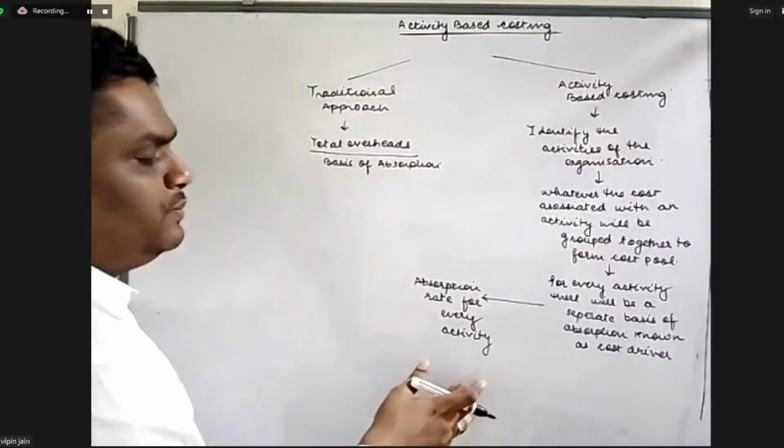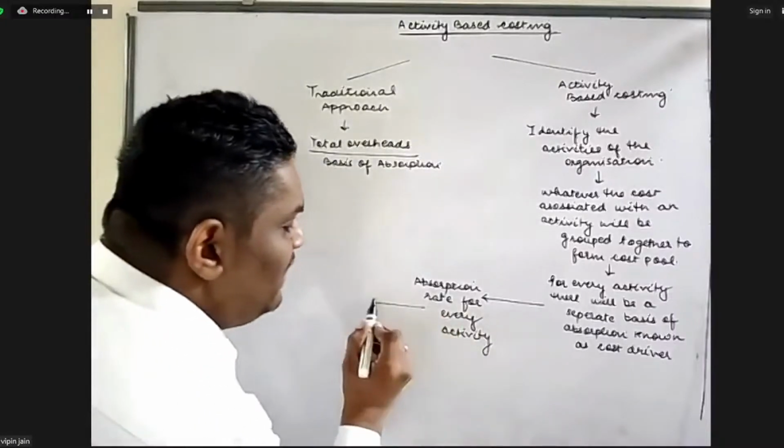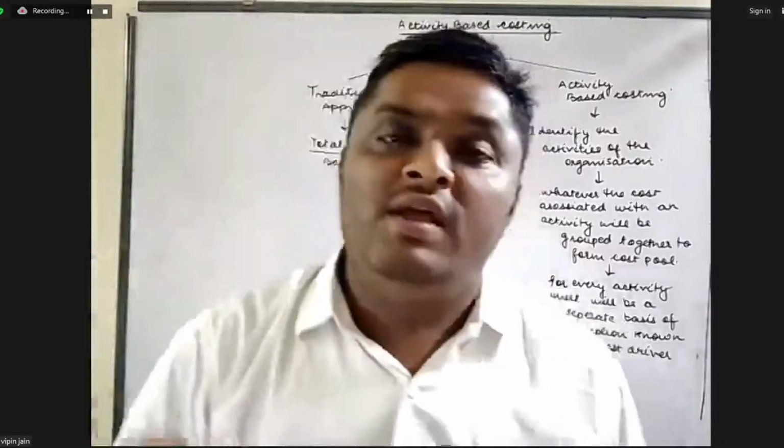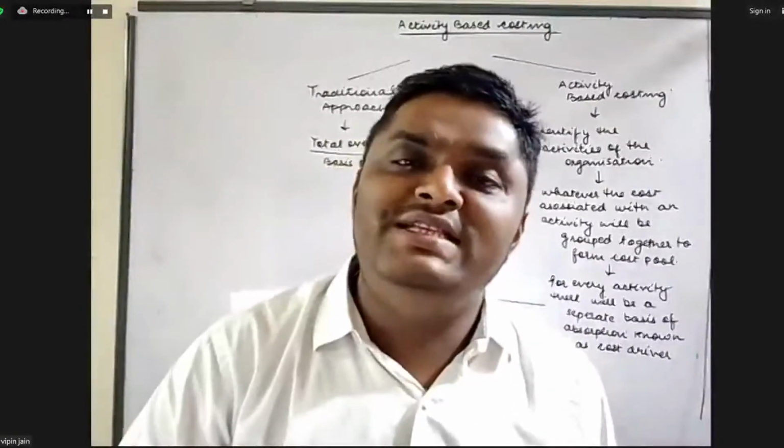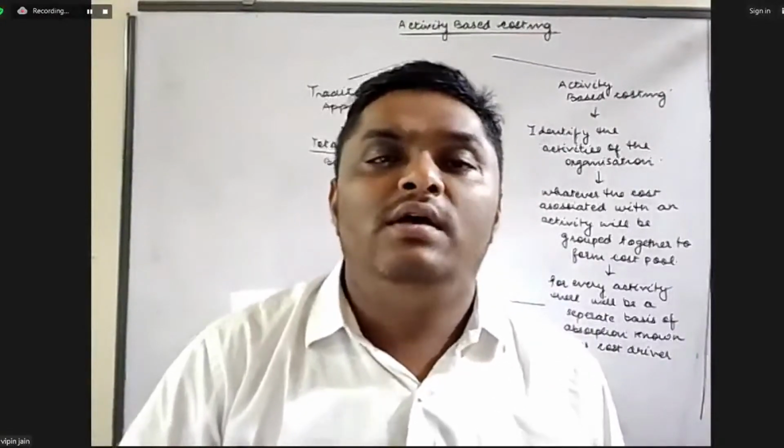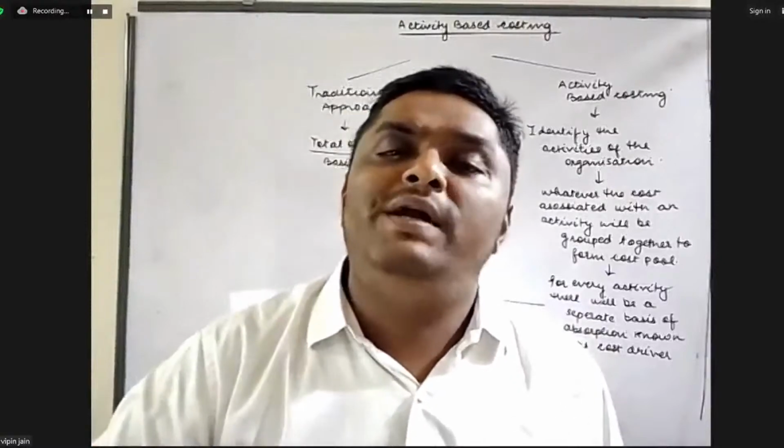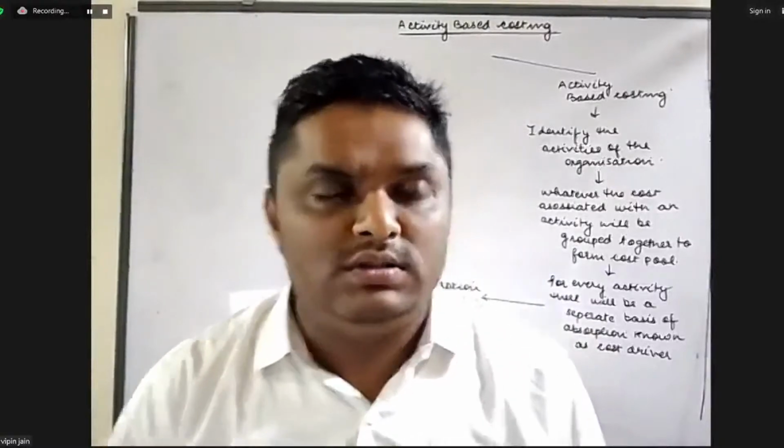Once the absorption rate is calculated, using that absorption rate we can easily charge the overheads to a particular product or to a particular job to calculate the total cost.